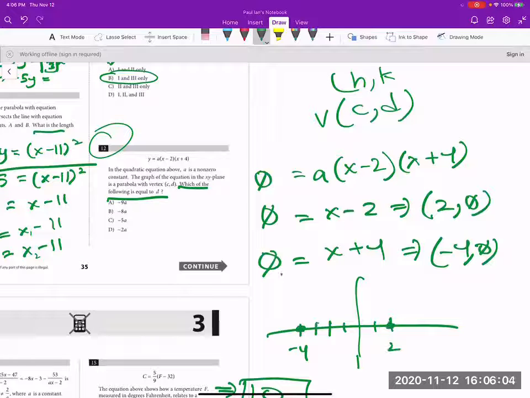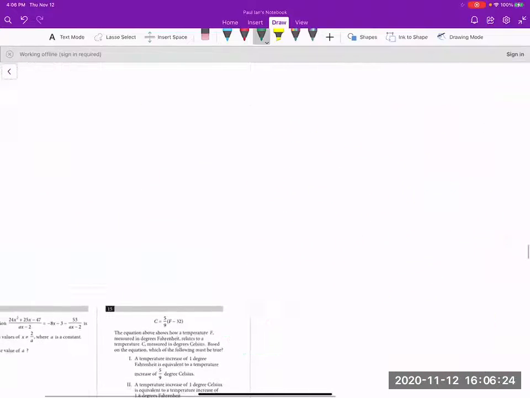It was something like this because it's positive. And then the vertex here is the H and K, right? Or C and D. So this is halfway. Halfway this -4, -2, right? For the x, yeah.